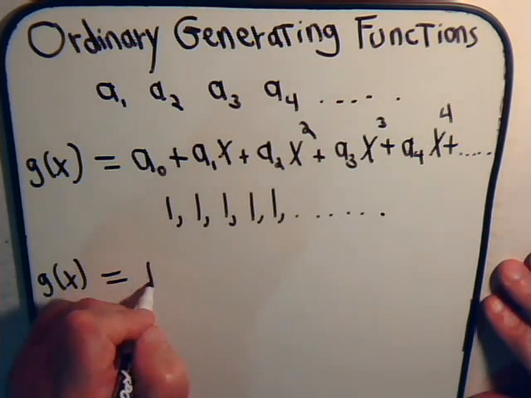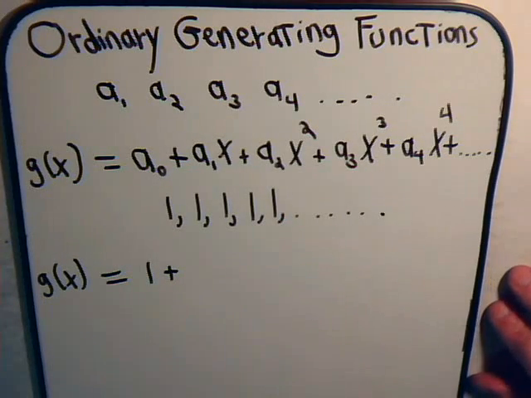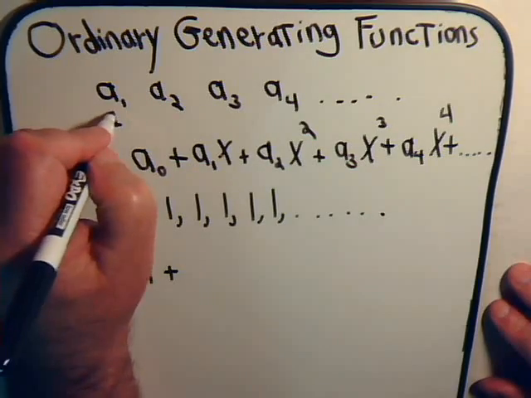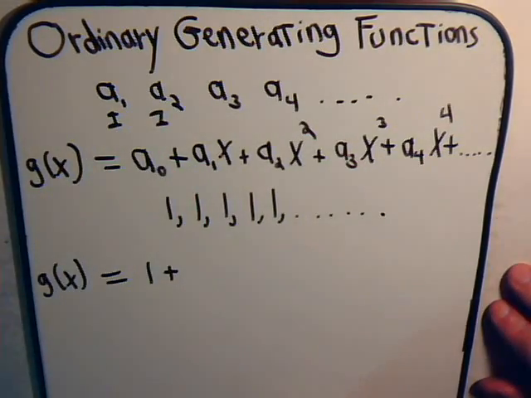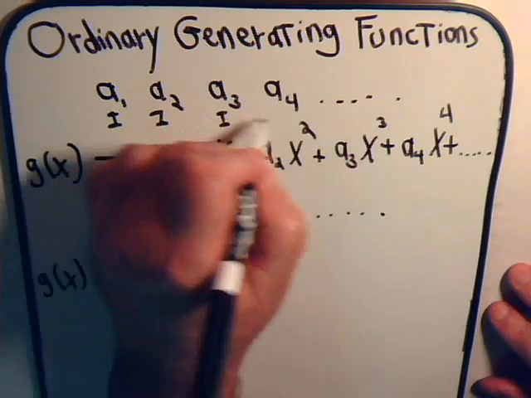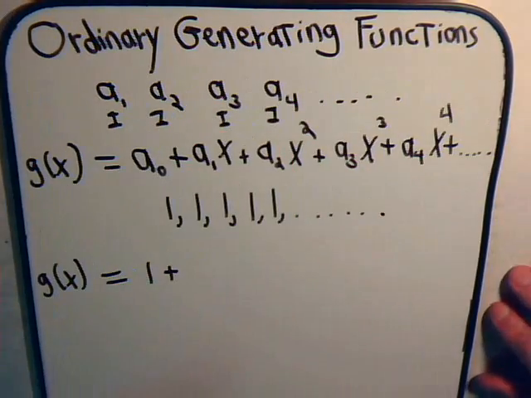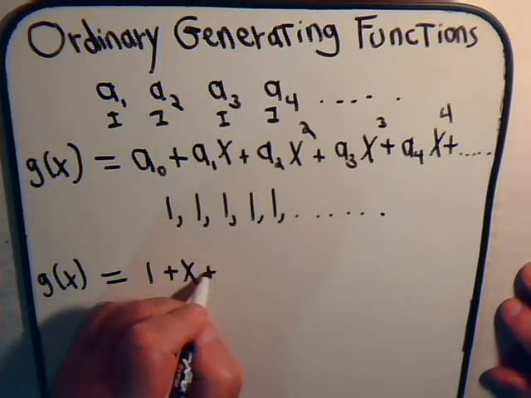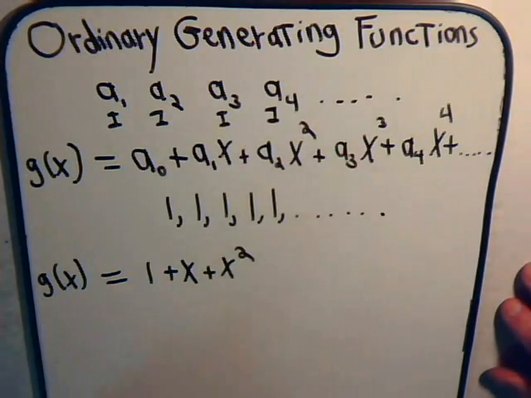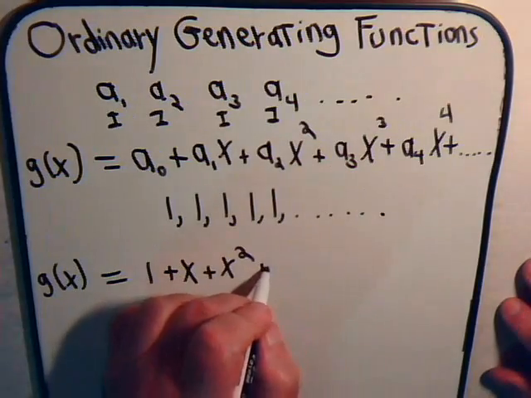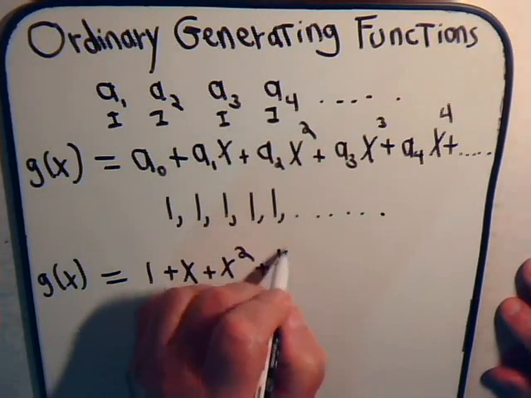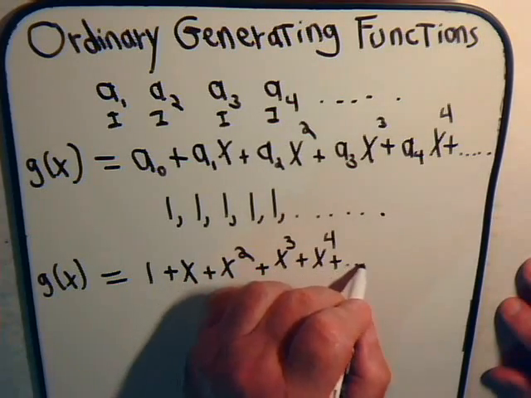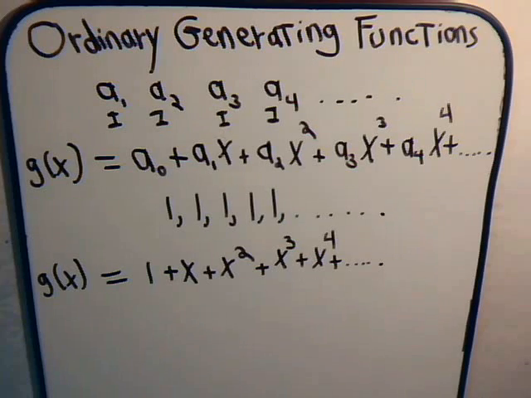Well, 1 is a constant, so we have a 1 there, plus, okay, our a sub 1 and all these numbers just correspond to 1. So we're going to have 1 plus x plus x squared plus x cubed plus x to the fourth, and that would go all the way to infinity.